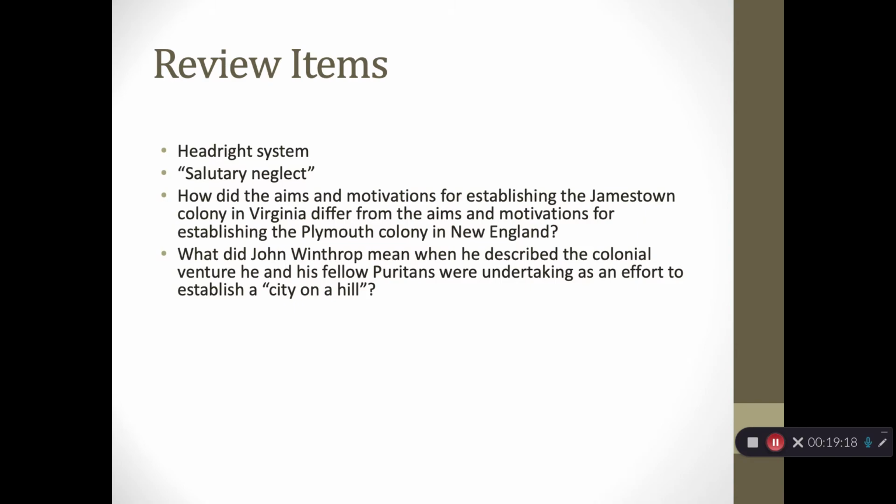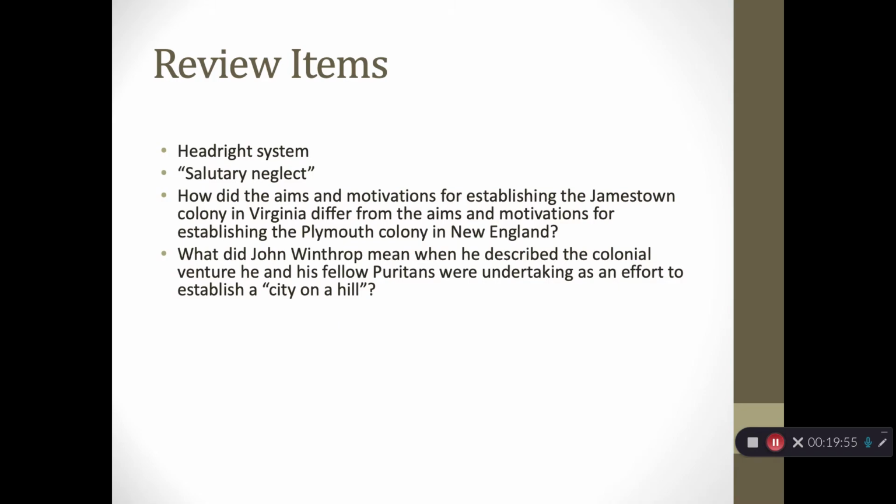And so when John Winthrop is talking about his colonial venture as an effort to establish a city on a hill, basically he wants this Bible commonwealth, this colony that they're establishing, to be so impressive in terms of its spiritual devotion and its social harmony and everything else that's going on in it, that people back in England will take notice and that they will want to make England and the Church of England more like how things were in the Massachusetts Bay Colony.